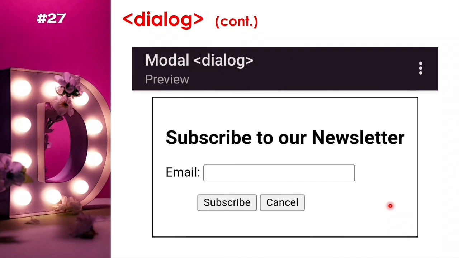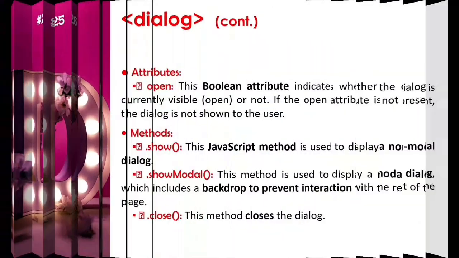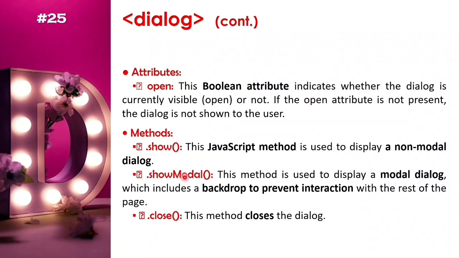I've just used the open attribute to give you an example, but for example, you may put this dialog along with another button, like subscribe to our newsletter. You have a button or a link, and whenever that's tapped, you can specify on click, do this, and then you can use JavaScript to write a function so that whenever that link is clicked, we go and select this dialog element and show it, or showModal it, right?